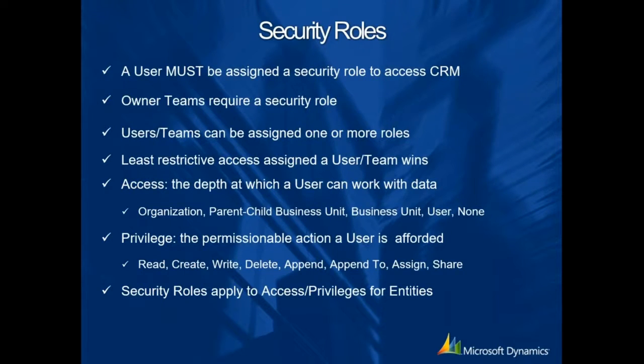User teams and owner teams must be assigned a security role, and as I've mentioned, each can have more than one role, and the least restrictive access is going to win out. When you're configuring security, access is the depth at which a user can work, all the way from no access to organizational. Privileges define the permissionable action a user is afforded, so read, create, write, and so forth.